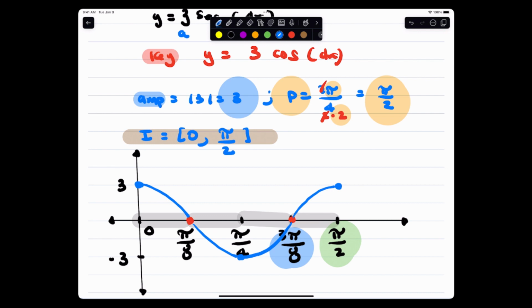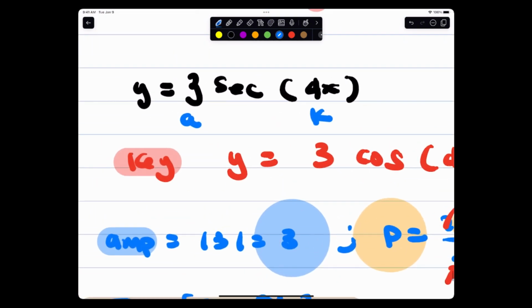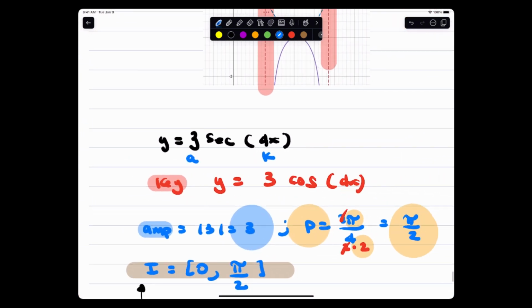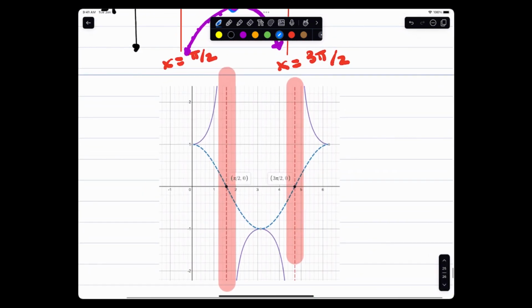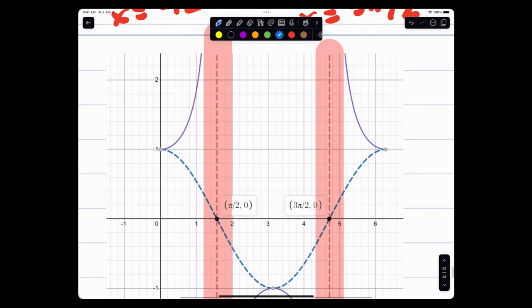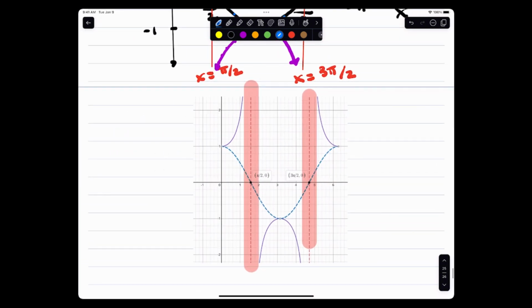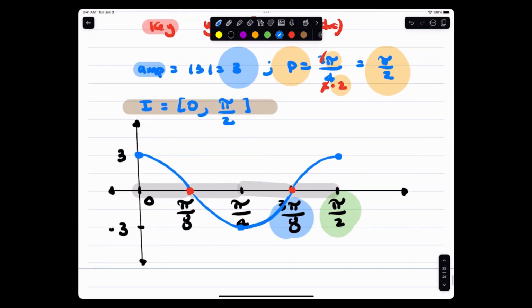I'm good to go. So I say, okay, how do you then graph that 3 secant 4x curve? Start with your what? Vertical what? Asymptotes. Where do they happen? At the x-intercepts. So I've always asked you, hey, when you graph cosine, where's the x-intercepts? And you say pi over 8, 3 pi over 8. Why do you think I ask you that?